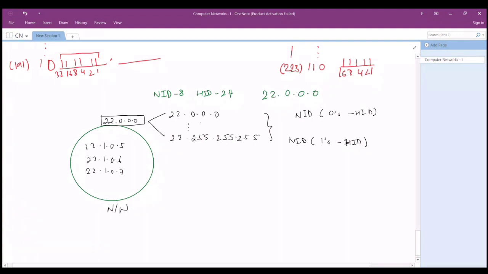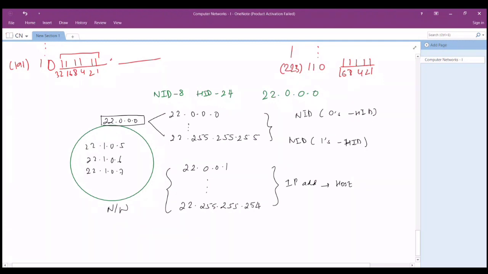Means the host ID would start with 1 and it will end till 255.254. So these are the IP addresses which will be available for the hosts.